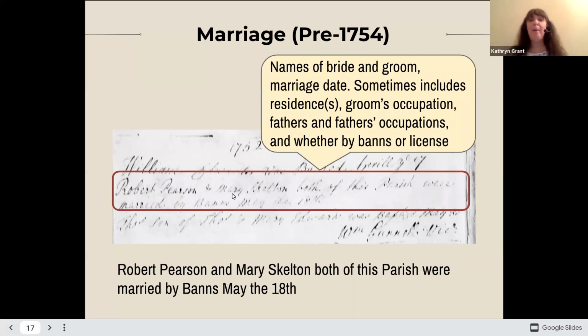There are basic things that were just about always included, but it did vary from parish to parish depending on what the clergyman chose to include. But usually you'll have the name of the bride and groom and the marriage date, of course. That's almost a no-brainer, right? But then it would also sometimes include the residence, the groom's occupation, the father's name and the father's occupation, and whether the marriage took place by banns or by license.